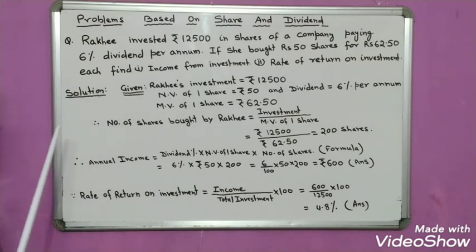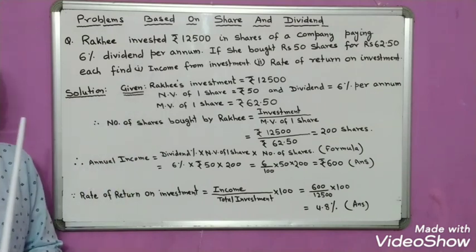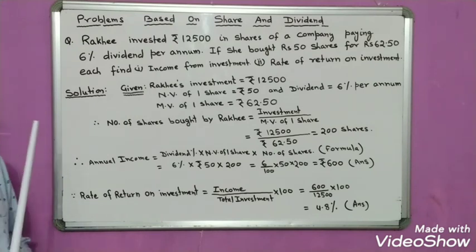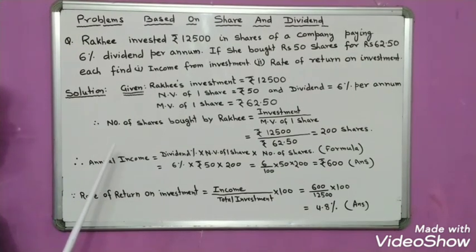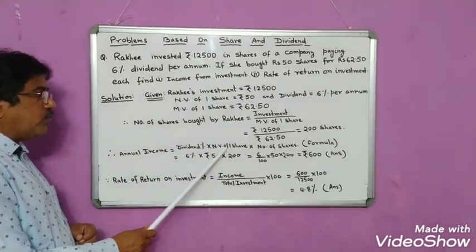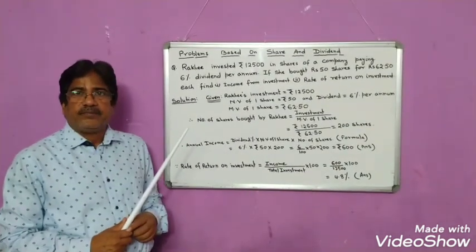And we have to find out in the first part of the question the income from the investment of Rakhi. To find out the income, we discussed yesterday the formula: dividend percent into nominal value of one share into number of shares. If you multiply these three, you will get the income.